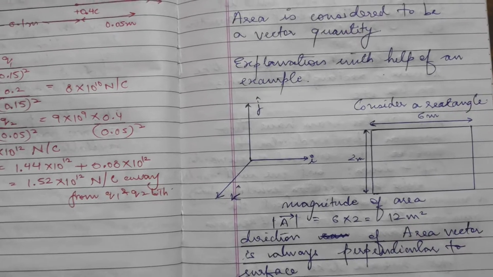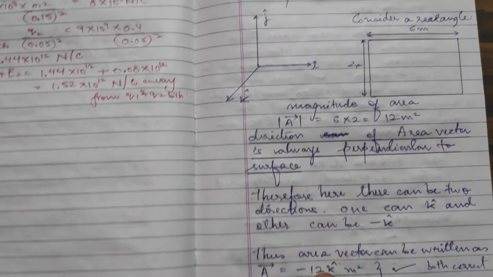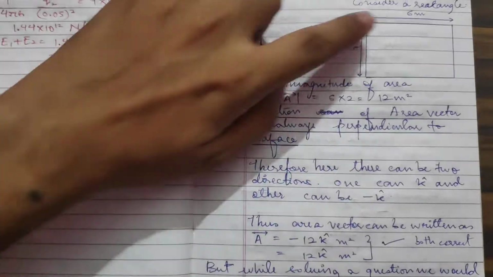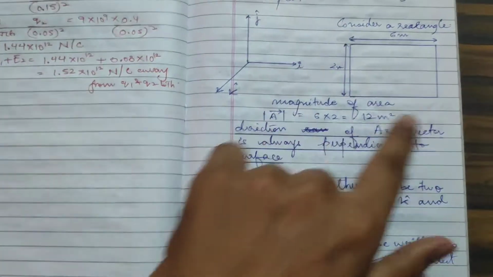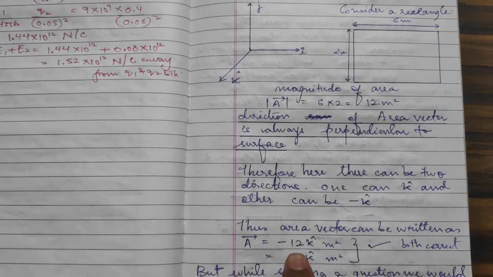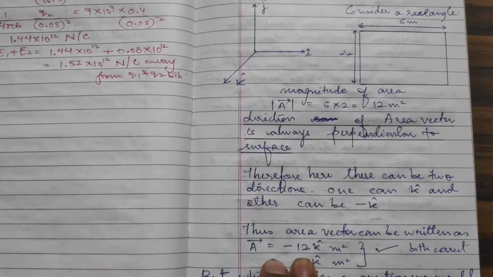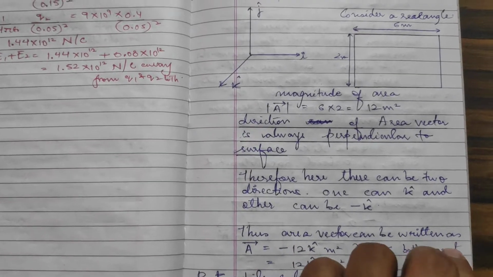We will not change the direction. For example, if we took minus 12 k cap as the area vector over here, then throughout the numerical I will consider area vector as minus 12 k cap meter square.